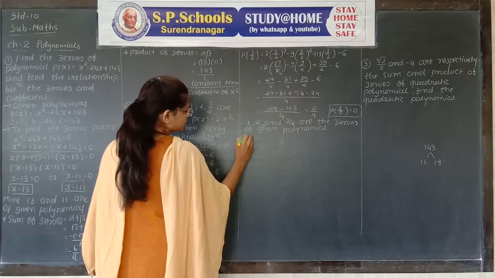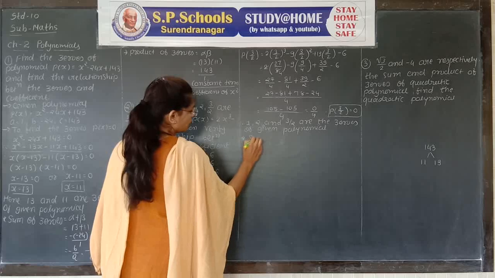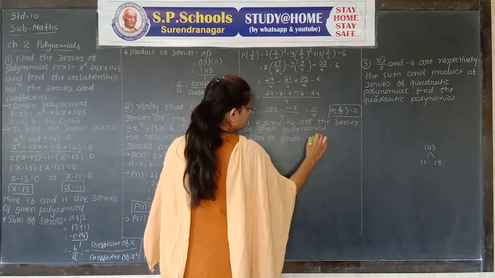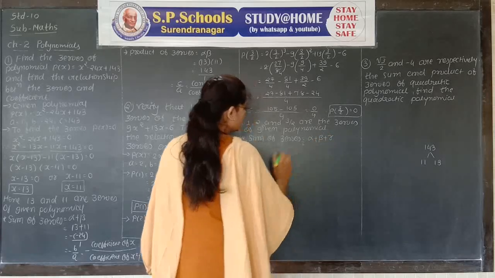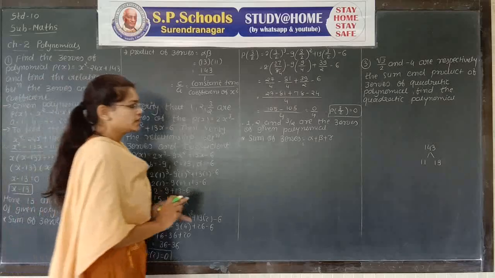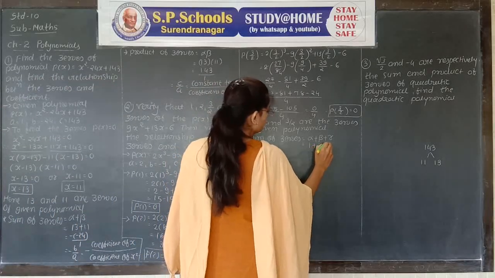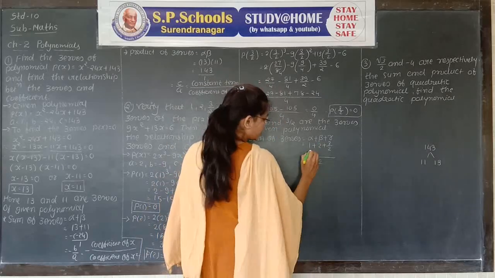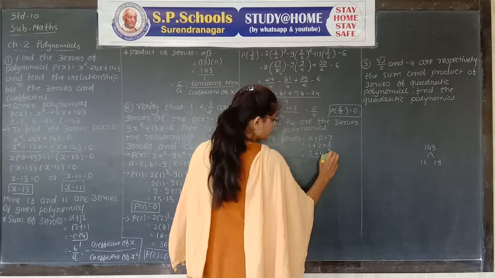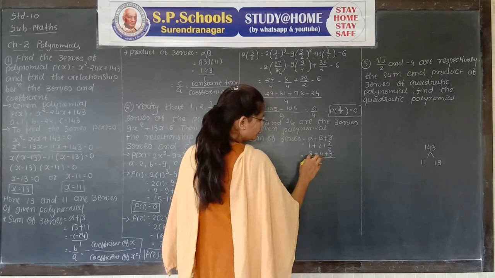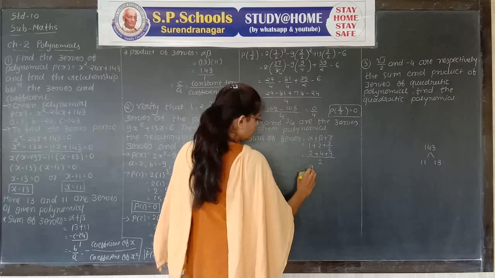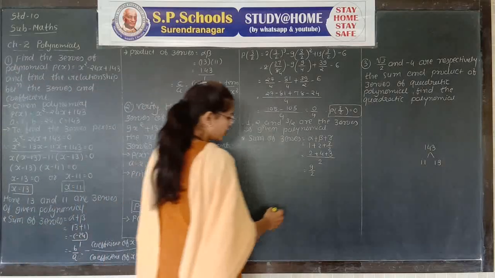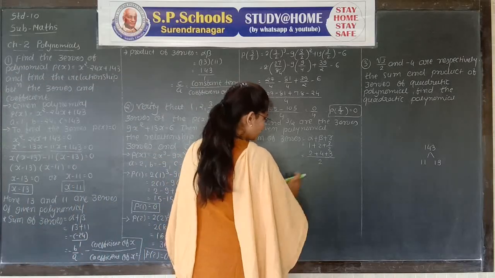The first is the sum of zeros, which is equal to alpha plus beta plus gamma, where alpha is 1, beta is 2 and gamma is 3 upon 2. 1 plus 2 plus 3 upon 2. By taking LCM, the LCM is 2. 2 ones are 2, plus 2 twos are 4, plus 3 is equal to 9 upon 2. Here the 9 is b, but it is minus b, that's why we multiply it by 2 times as a minus.